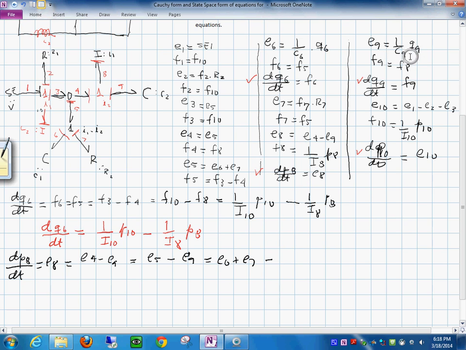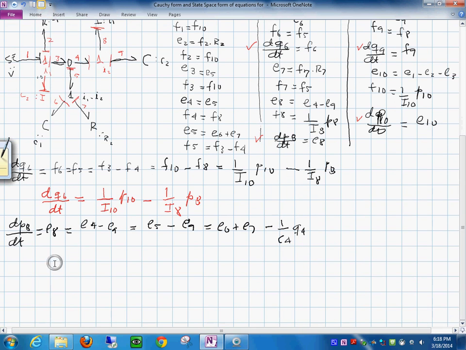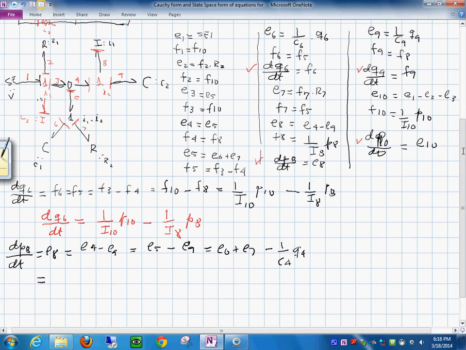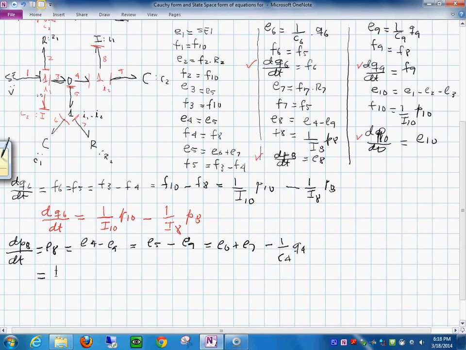So that's E sub 4, 1 over C sub 4 Q sub 4. And here you have E sub 6 is 1 over C sub 6 Q sub 6 plus E7.